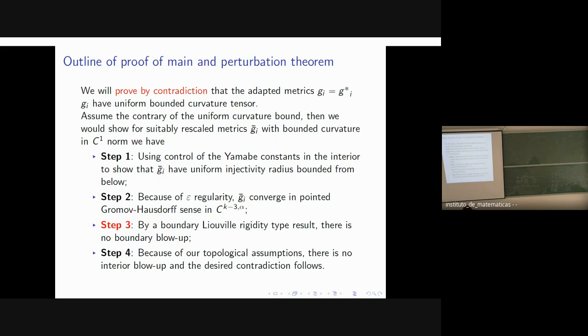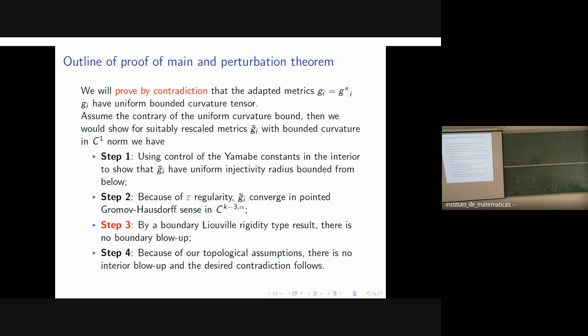So now I will begin to say why there is no boundary blow up. Boundary blow up means the blow up points have a distance to the boundary which approaches the boundary, at least it doesn't approach infinity, conformal infinity.